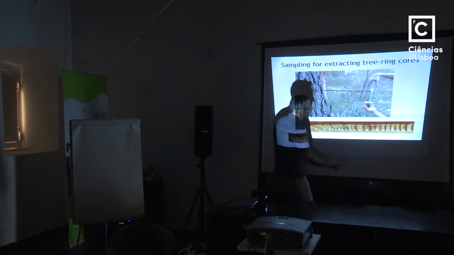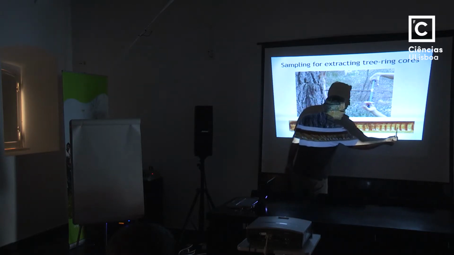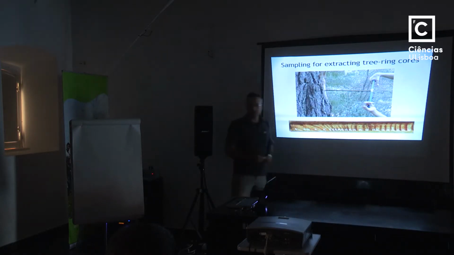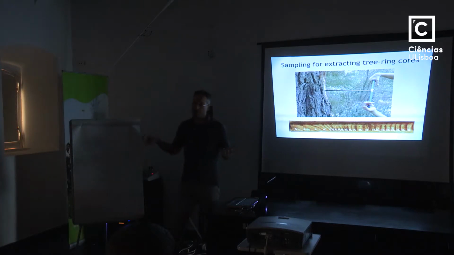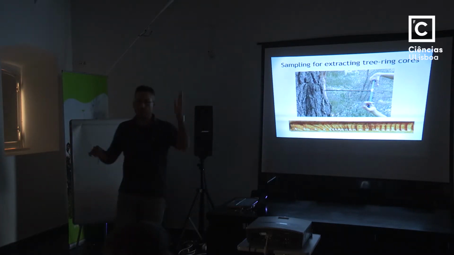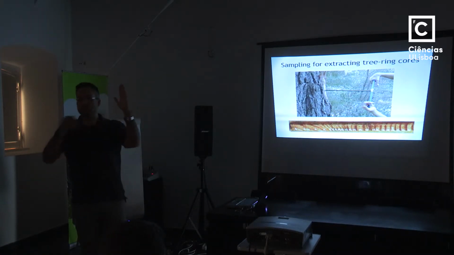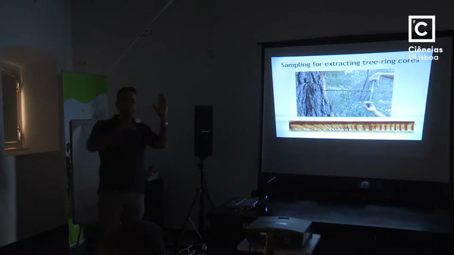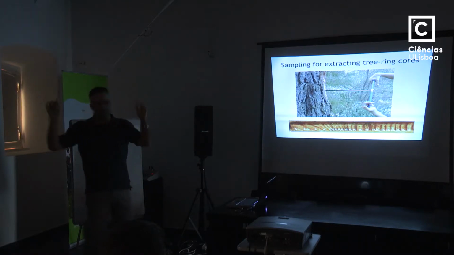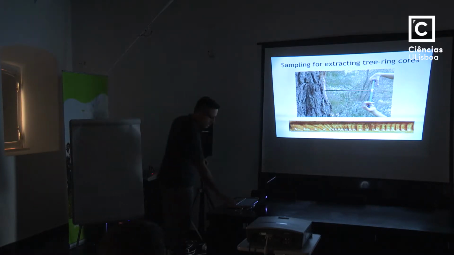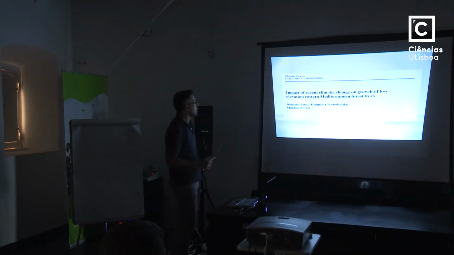We date them and we measure the width. And this produces a time series. What do we mean by time series? We have one axis, which is the width, and another axis, which is time. Years. 1970, 71, 72, whatever. Okay? So this is how we work.